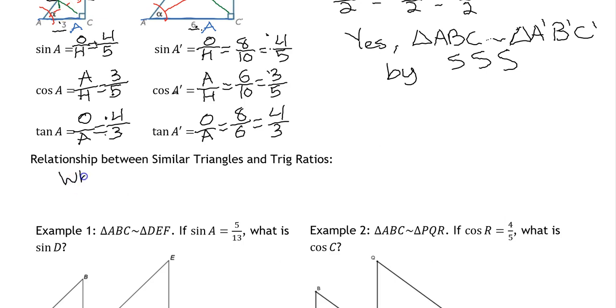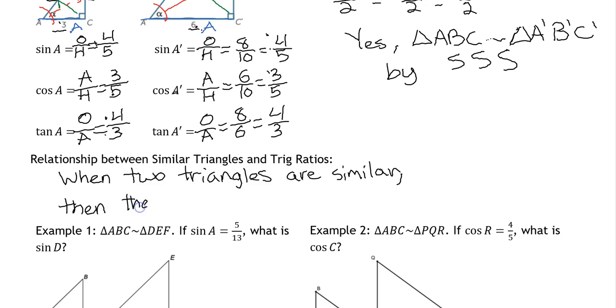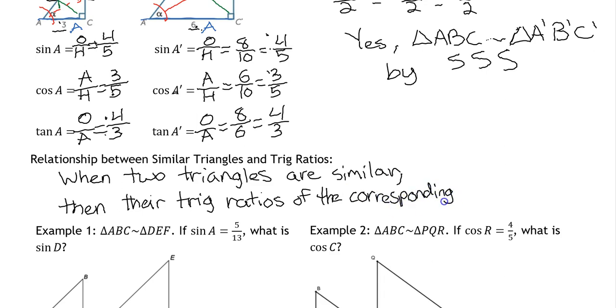When two triangles are similar, then their trig ratios of the corresponding angles are equal.